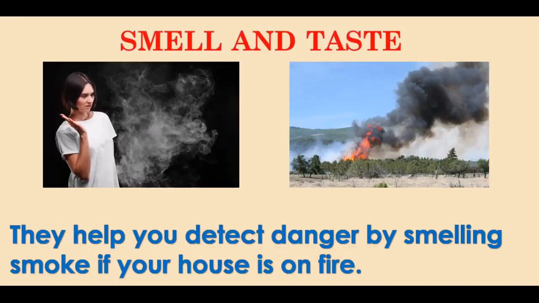Smell and taste. They help you detect danger by smelling smoke if your house is on fire. Tasting and smelling are also closely connected to your emotions and can often bring back memories.